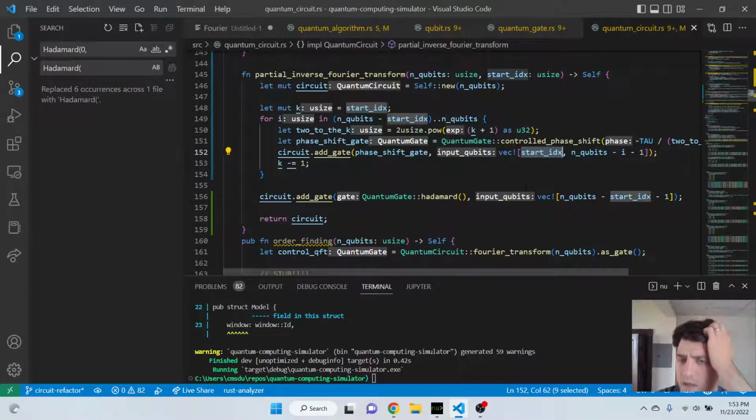So everything is on the second qubit, on the 2 to the 2 qubit, and then we're going down the list, and instead we want to go up the list.